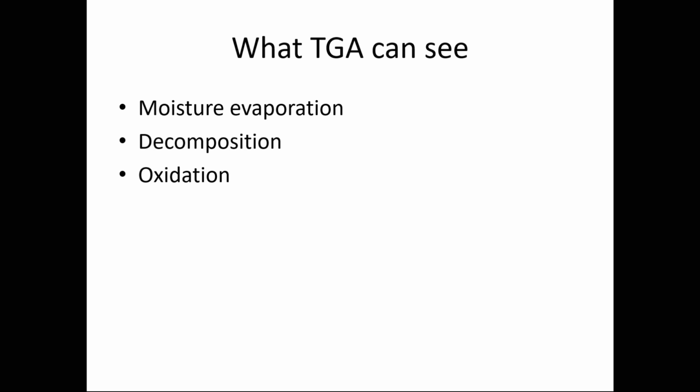Oxidation in the presence of oxygen is when your compound combines with oxygen. In this case, it may gain weight. So in oxidation processes performed in air or oxygen atmosphere, you may expect that the weight of your sample increases, but this is more rare.